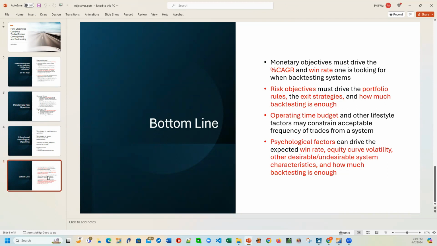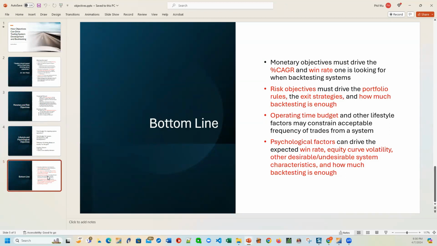You might feel that you've got a rough idea from the backtesting and you just need to forward trade it. Or you might want to do a lot more backtesting if you want 95% confidence and Monte Carlo distribution analysis and that kind of thing.